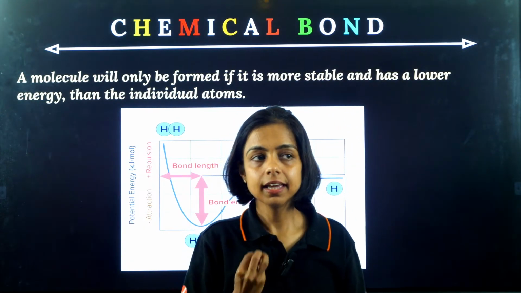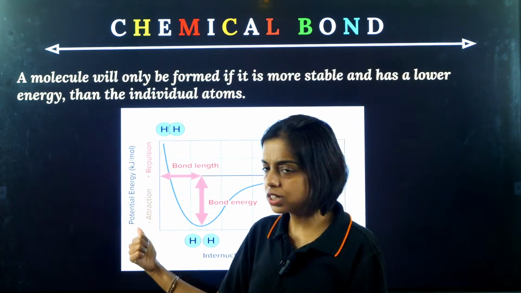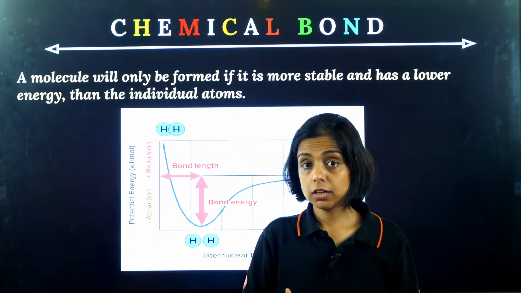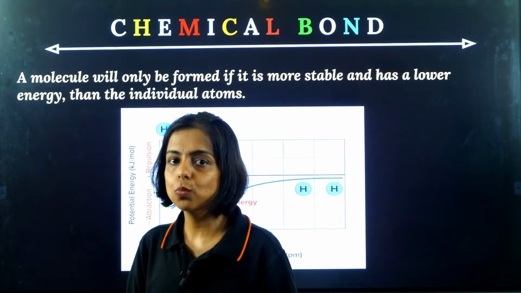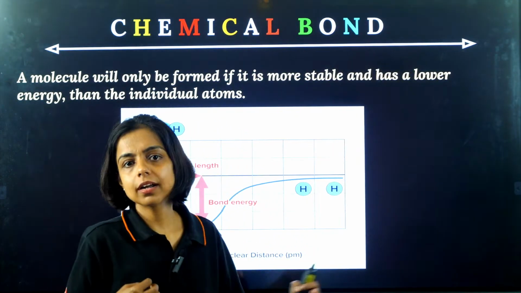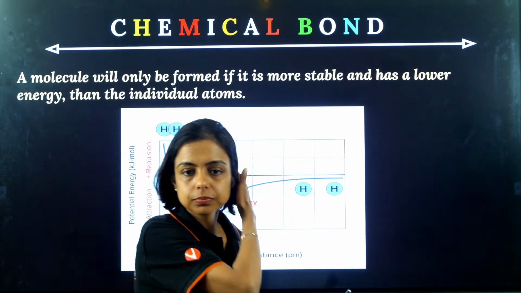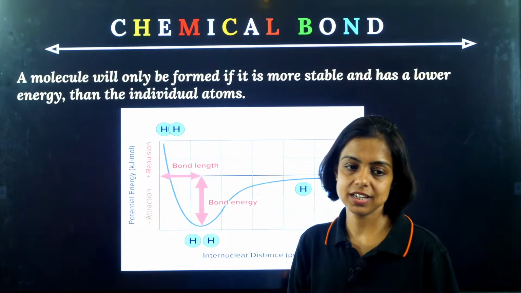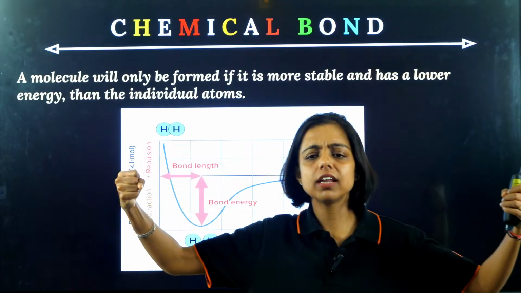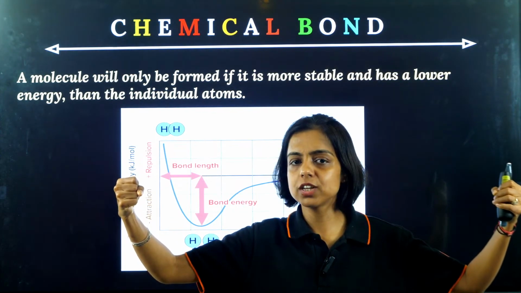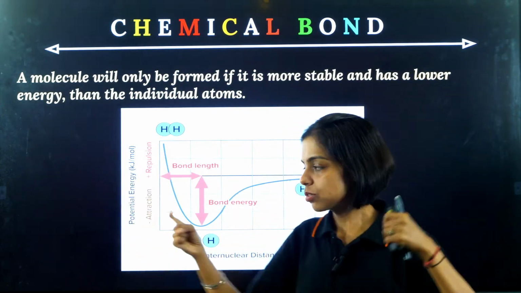So basically, in chemistry, potential energy is the energy due to interaction between the particles, whether they are attracting each other, repelling each other, or not affecting each other, right? That is potential energy, guys. Got it? So two hydrogen atoms, very, very far apart, not affecting each other, neither attracting nor repelling. So this is the potential energy.